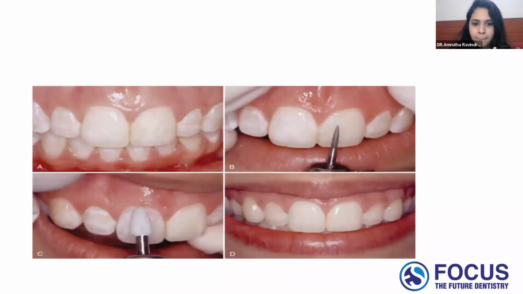Now what is this procedure? You have hypoplastic patches, hypoplastic teeth. Here you are resurfacing with a finishing burr, and this is the result. What is this procedure? Is it microabrasion, macroabrasion, polishing, or what is it?